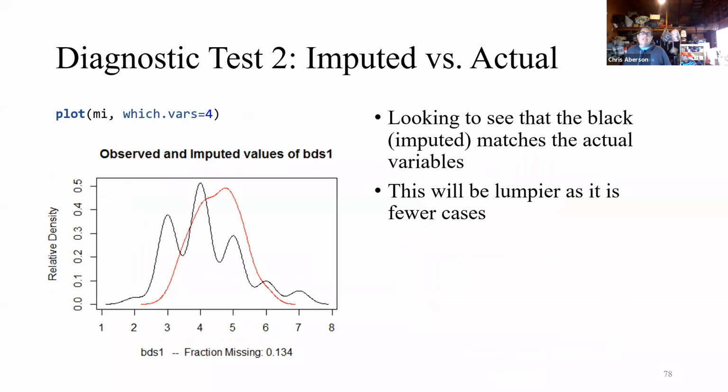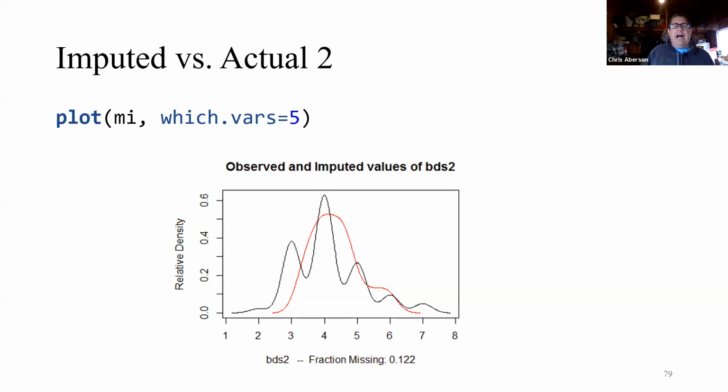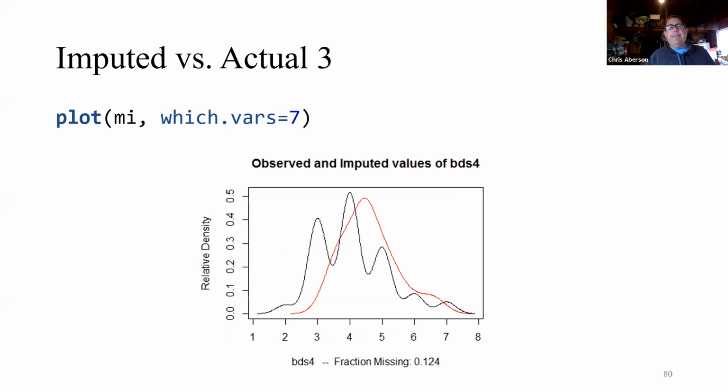And then the actual versus the imputed values. We're looking to see that the black, which are the imputed values, roughly matches the actual distribution. We can see here that the black is mostly covered by the actual distribution in red. Don't worry about this being kind of lumpy. The reason it's lumpy is that there are fewer estimates. It looks fine for this variable.